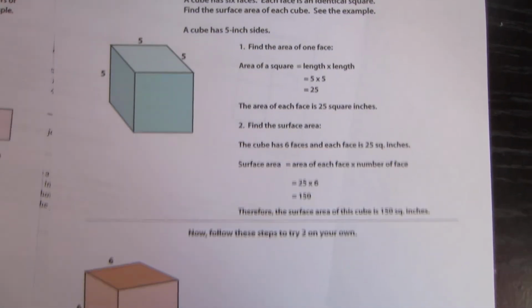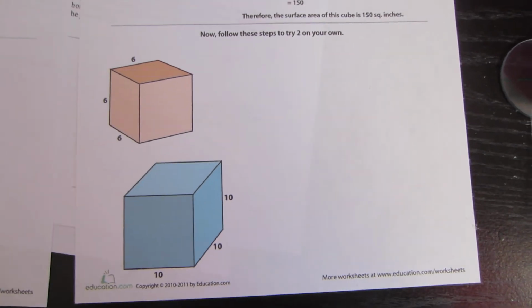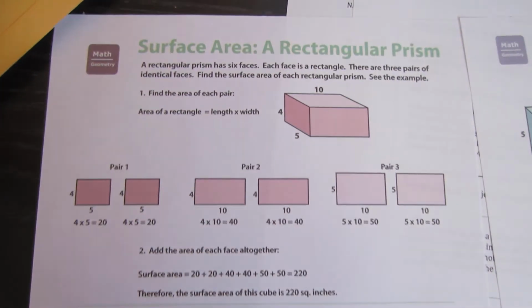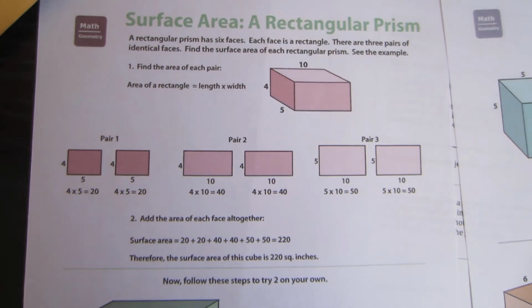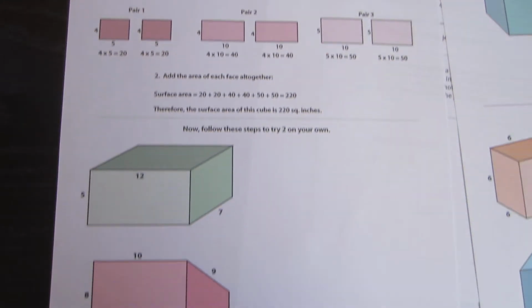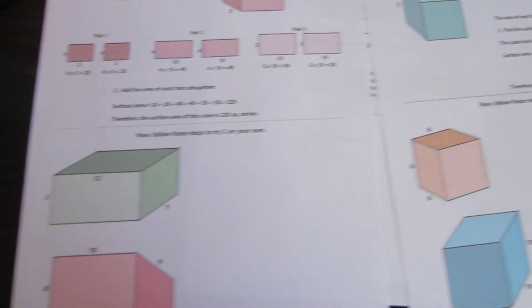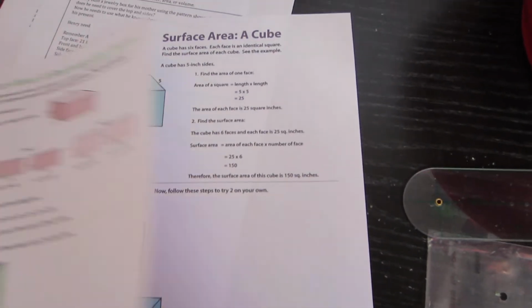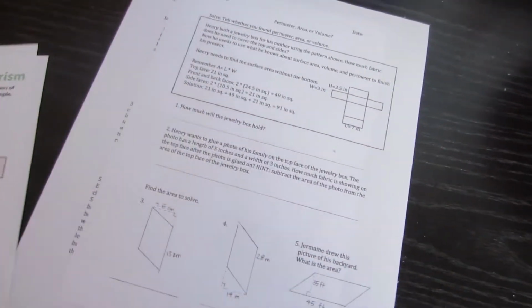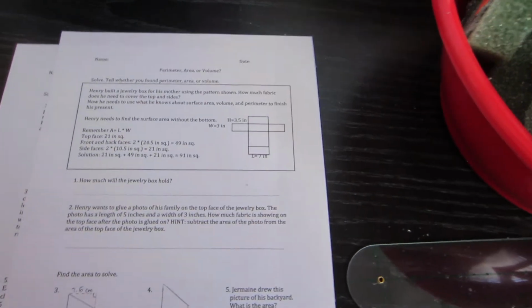It gives an example right here, and then just some quick math problems. This is for a rectangular prism. Same thing, gives an example. The student can read it and follow it, and then they have to solve these problems down here. So those are those extra worksheets that the student who needs extra help can do.